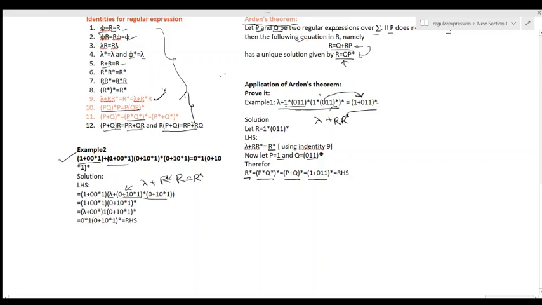If we assume this is R, we have something like this. Again from here we can take 1 outside, and what is left is lambda plus 0 0 star. Again it is lambda plus R star. So the result becomes R star 0 star, where 1 is there and the remaining is here. So we get this, which is the RHS.